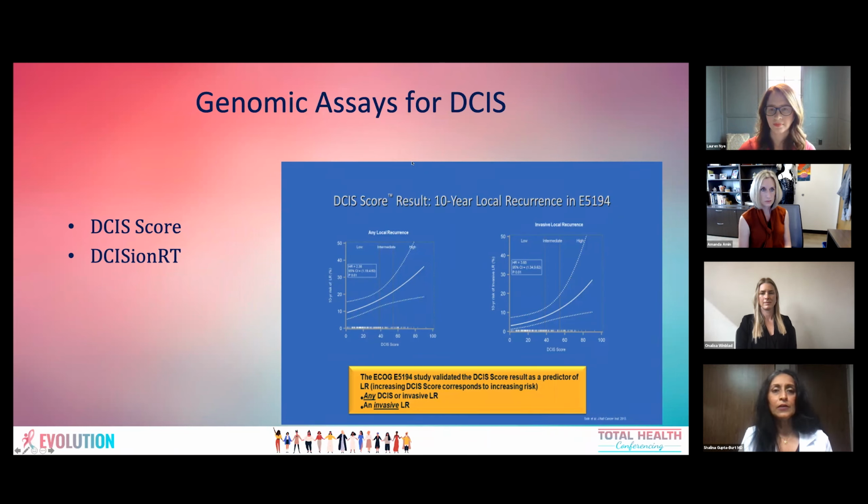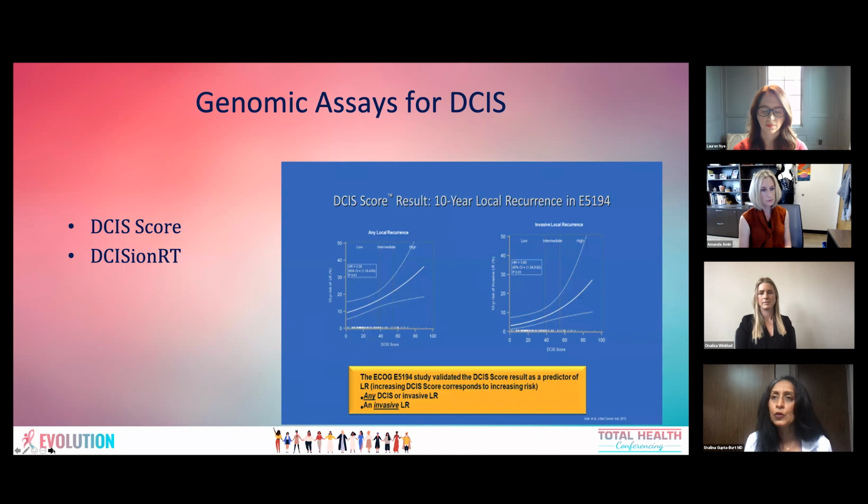I think the question of genomic assays is a great question, because I think we still need to address the variation with regard to the spectrum of DCIS. You know, what's really driving each of these tumors.